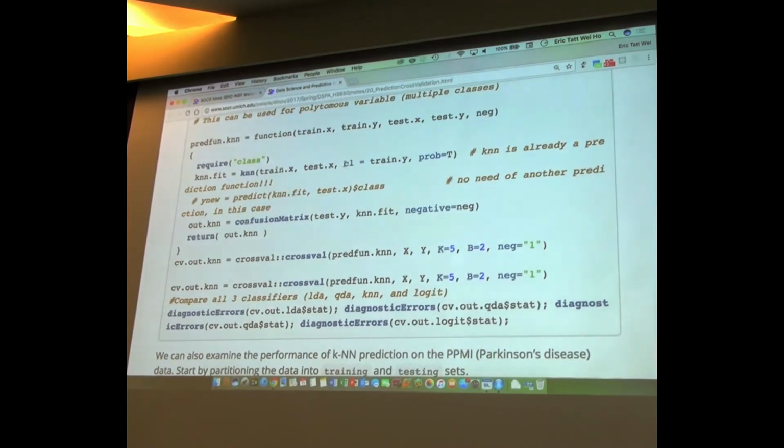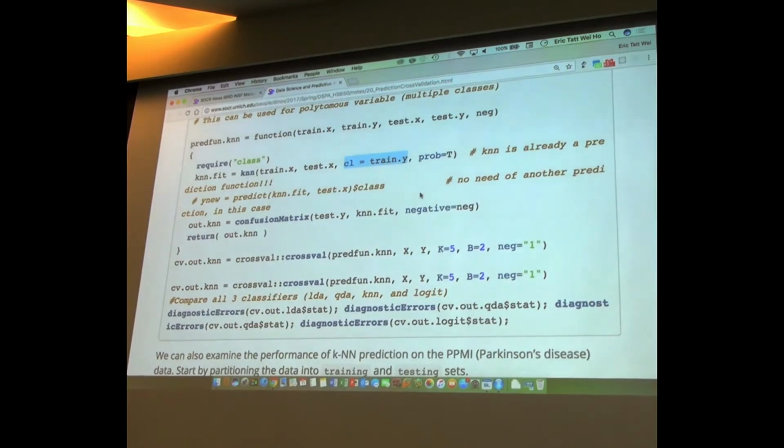Well, I see the K here is inferred from the number of levels that it finds in the training Y. It looks at how many labels there are, and that's the K that it's going to work with.